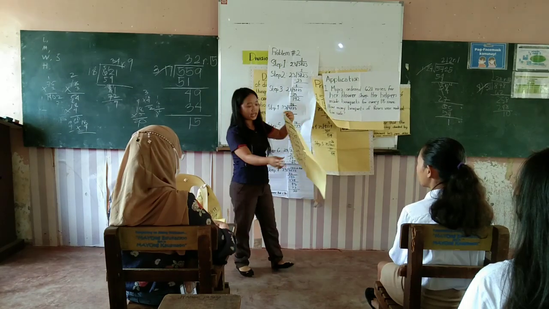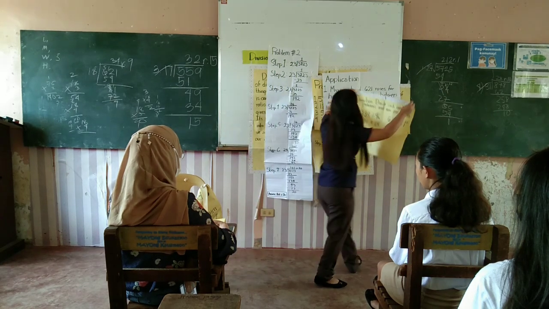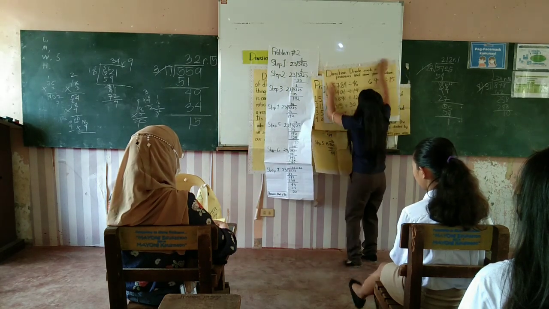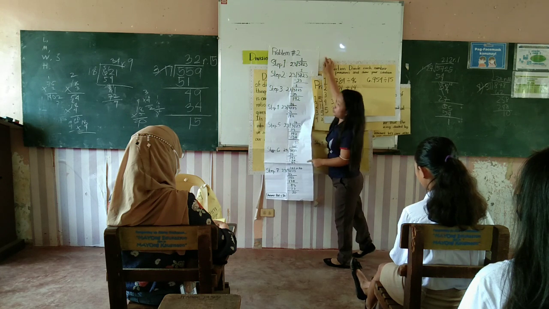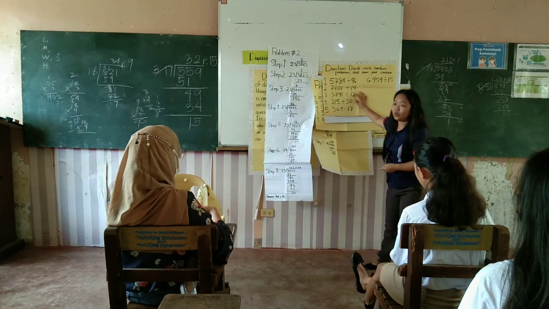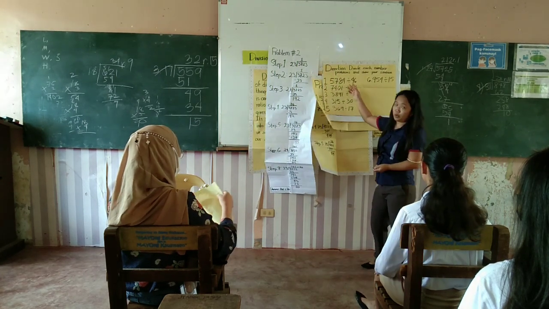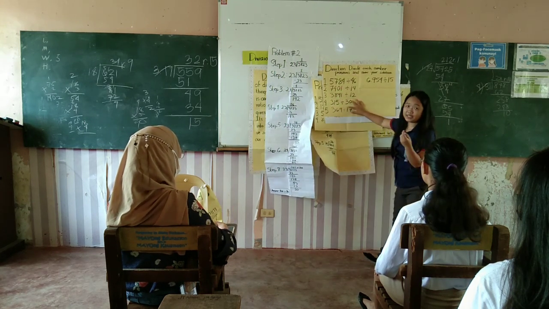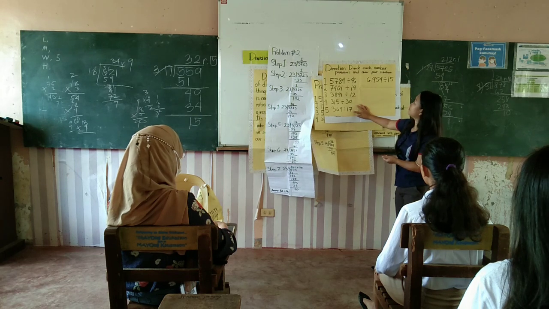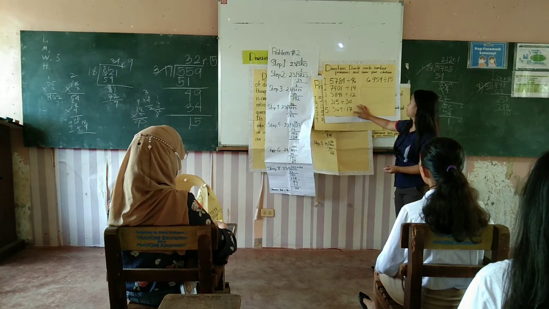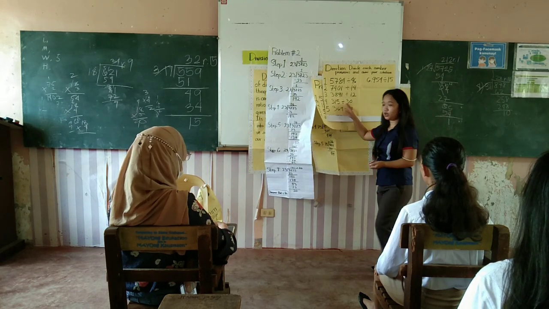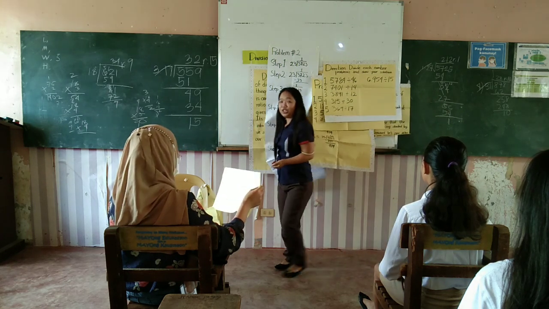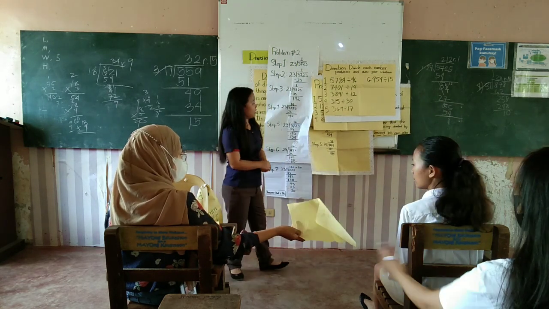Okay, so for your next activity, I have here a problem. What you have to do is get one whole sheet of paper, then answer the problem. But before that, can you read the direction first? Divide each number problem and show your solution. Okay, so get your one whole sheet of paper and start answering.